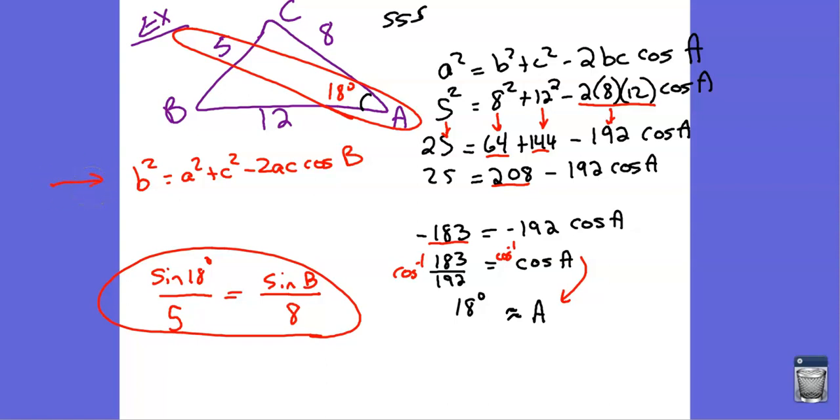And once you find the second angle, then it's very easy just to take 180 minus 18 degrees minus angle B, and that will give us angle C. So really, I would just use the law of cosines once, the law of sines once, and then you're practically done. So that's a quick summary of using the law of cosines.